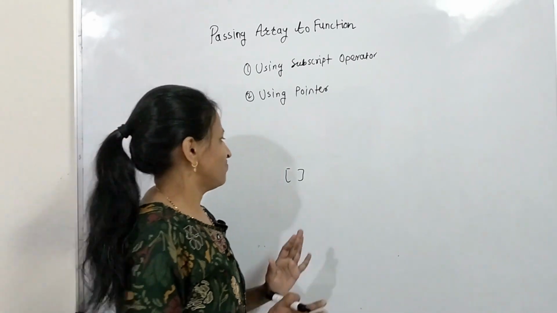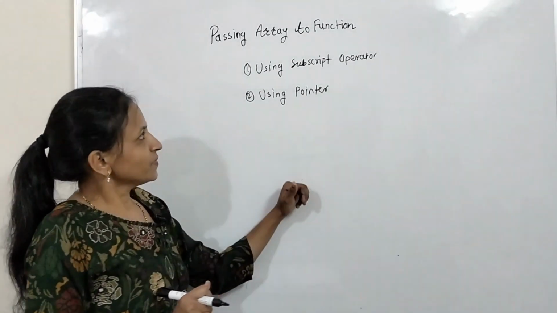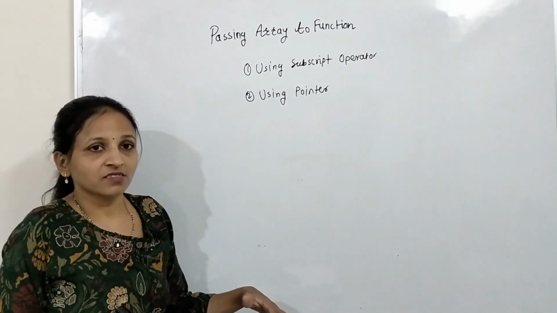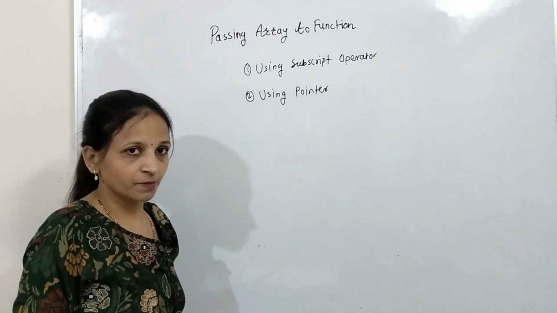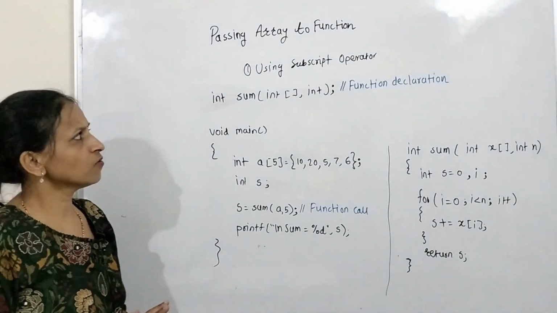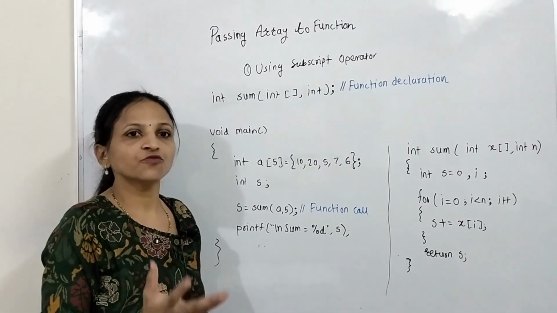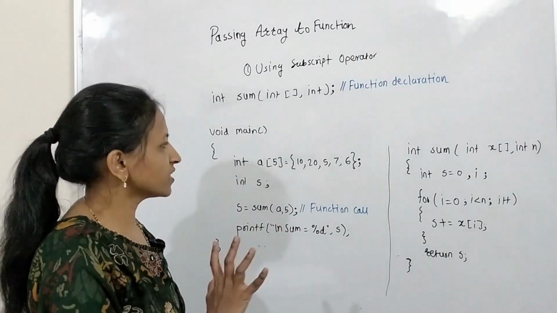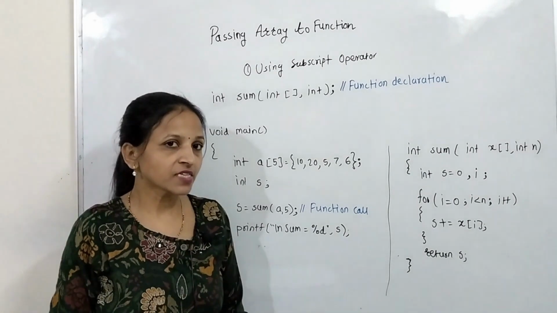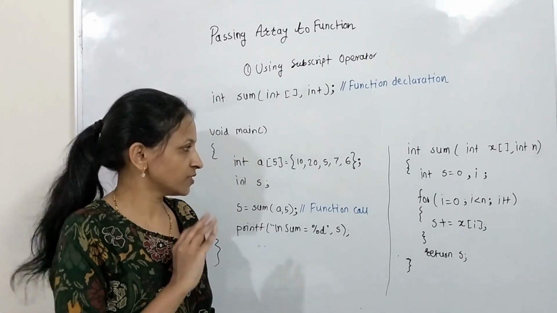Okay, see. Here the first way is using the subscript operator. I am writing one example here and then I will explain. Now see how to pass an array to a function with the help of the subscript operator. For that I am going to explain this program. In the previous example we have done the same thing.